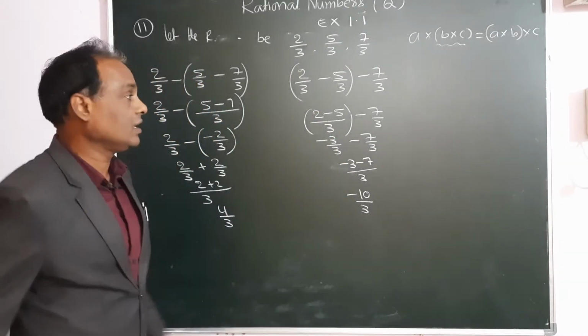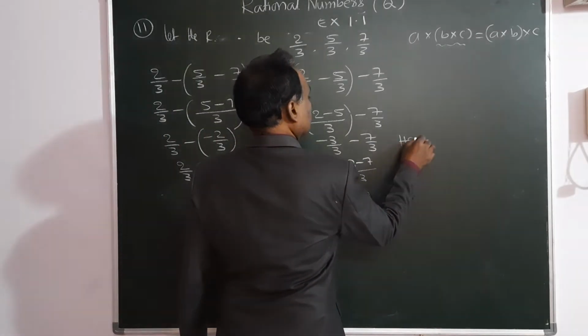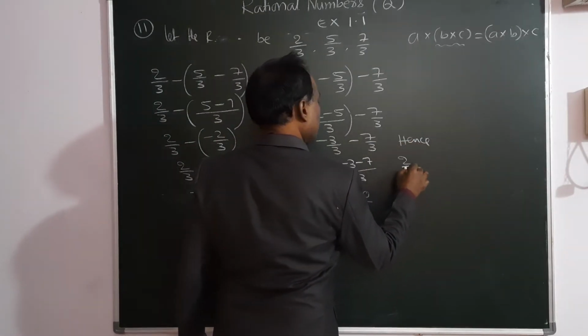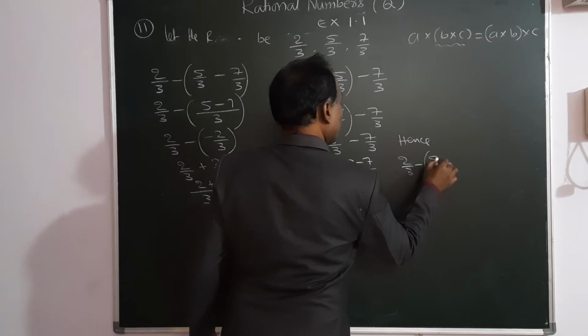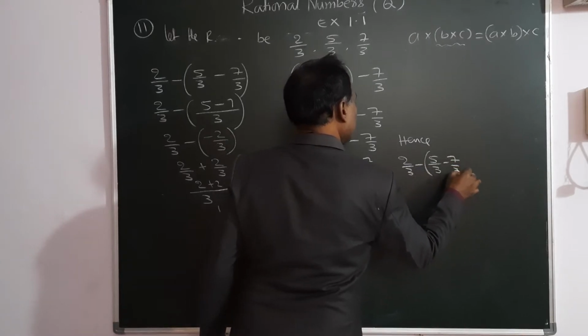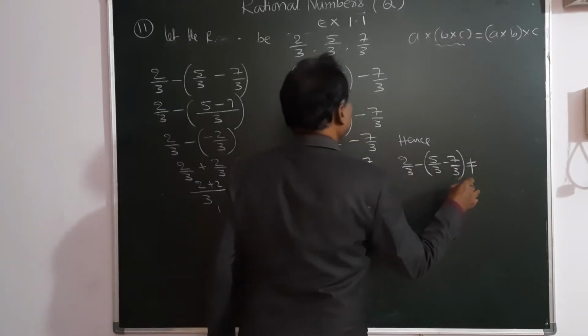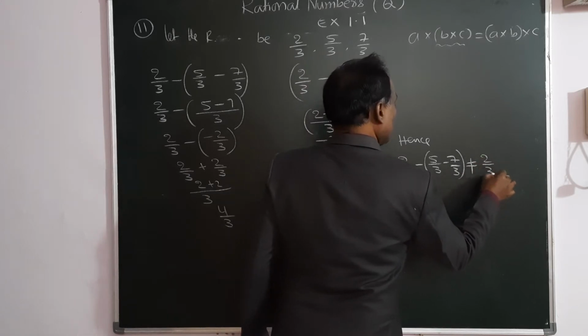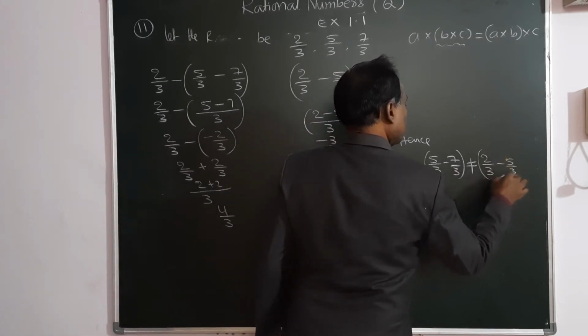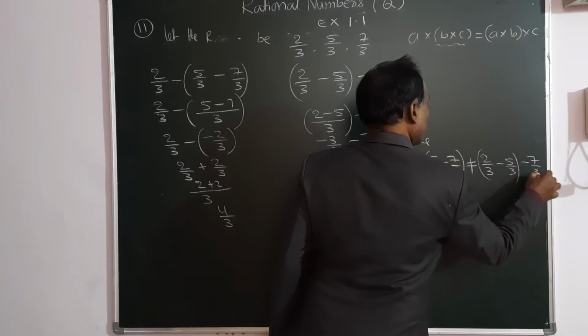So not equal. Hence (2 by 3 minus 5 by 3) minus 7 by 3 is not equal to 2 by 3 minus (5 by 3 minus 7 by 3). Both are not equal.